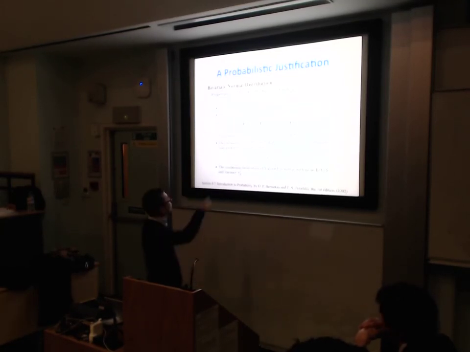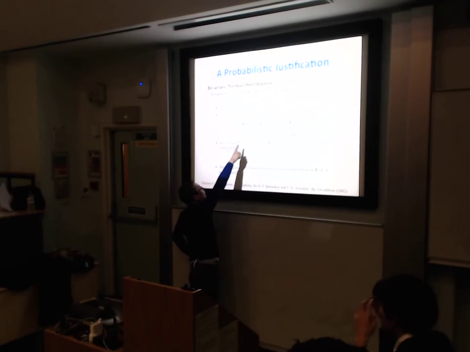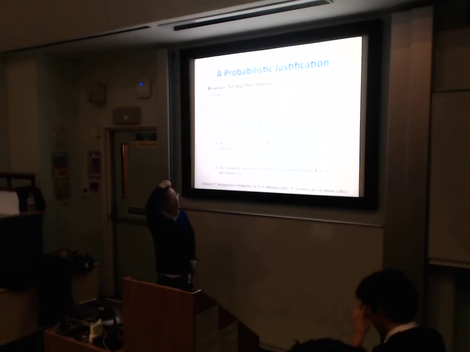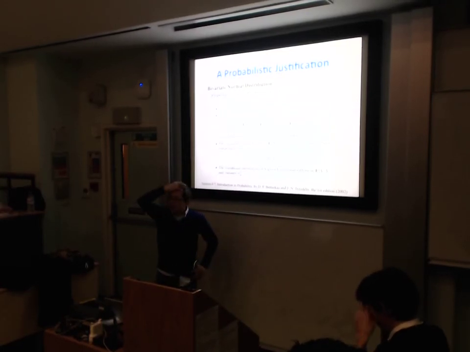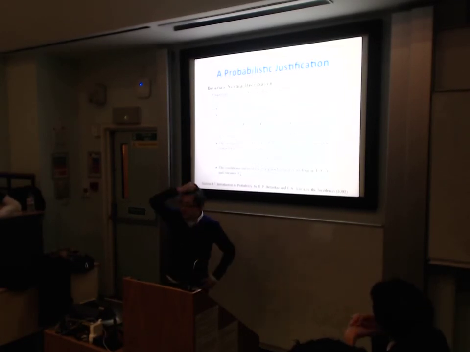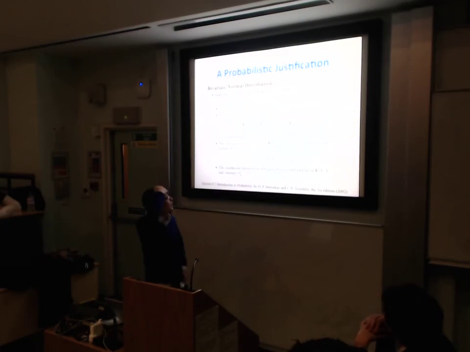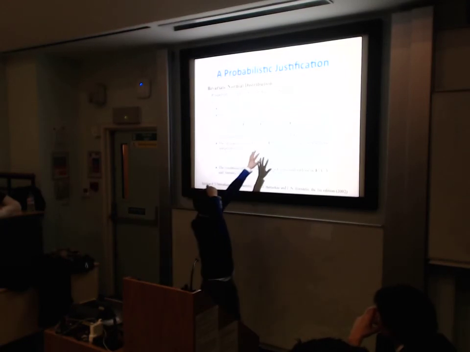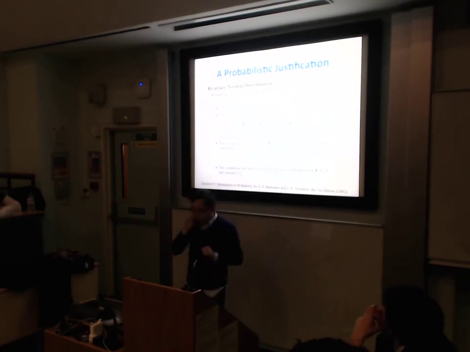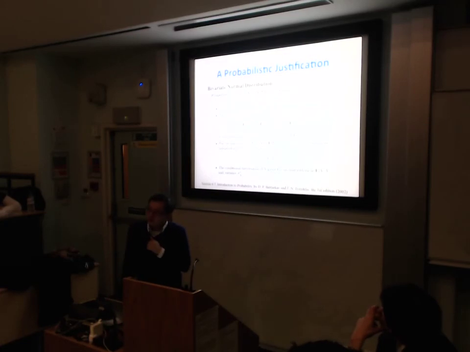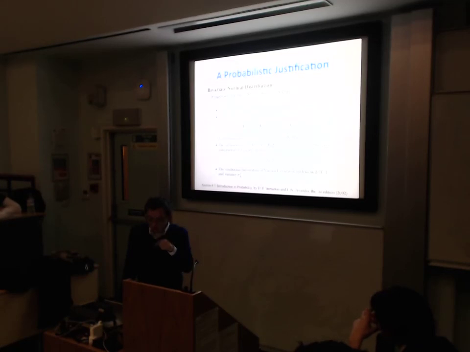If you write the conditional expectation of x given y, you can write it in a form like this. If I know y, I want to calculate the expected value of x.